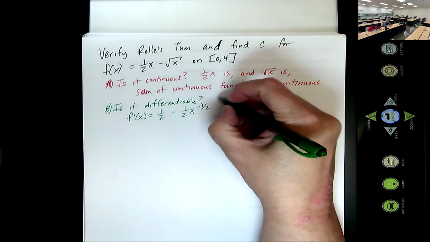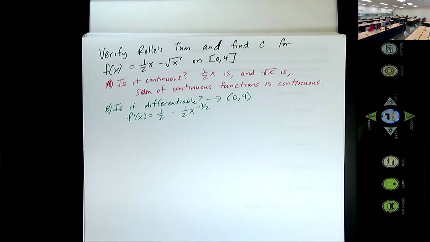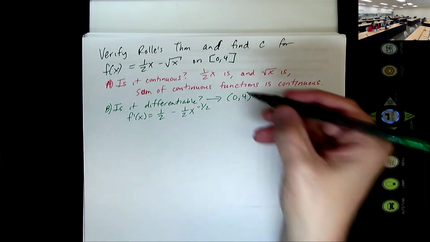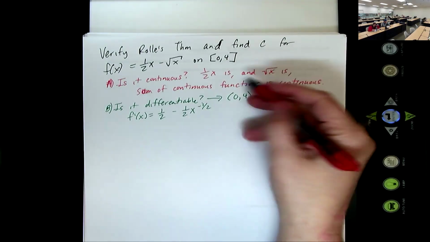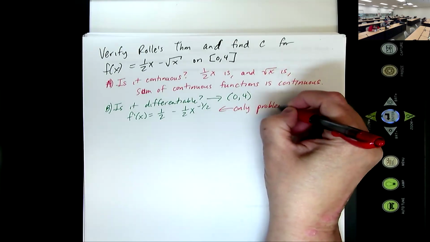And it needs to be differentiable on 0 to 4, not necessarily including 0 or 4. The only problem spot for the derivative is at 0, but that's not included.